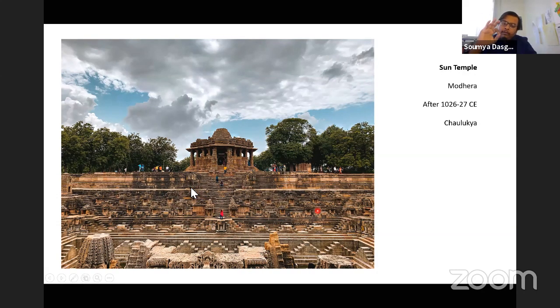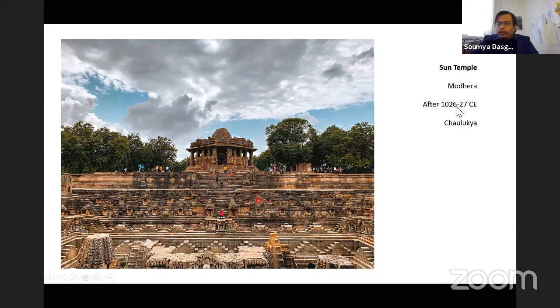Many of you might be familiar with it, as the core logic is a very parametric logic. As you can see, there are steps going into the well from all sides, creating a rhythm which both emanates a sense of beauty and inherits a sense of geometric logic, one into the other, one emerging from the other, or one following the other, a sequence of things happening and a rhythm emanating from it.